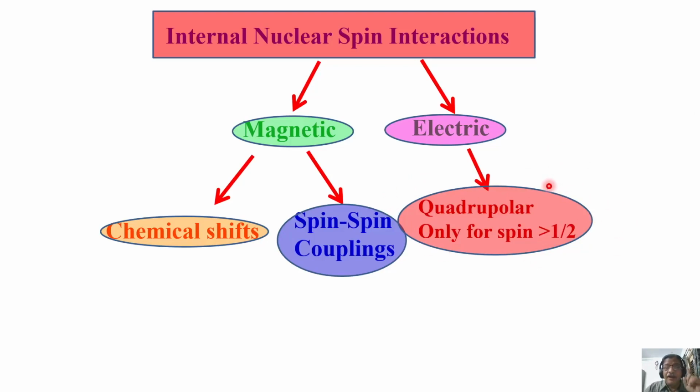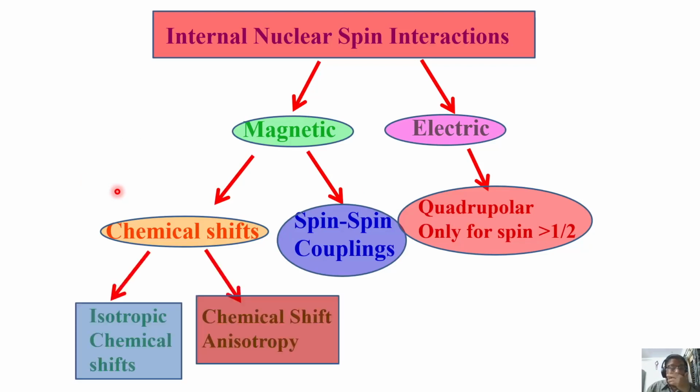Please remember, in the previous slide, I said 4 different types of internal interactions, out of which the quadrupolar coupling, coming because of nuclear spin greater than half, is an electric interaction. This is the only electric interaction. All the other remaining 3 internal interactions which I mentioned are magnetic interactions.